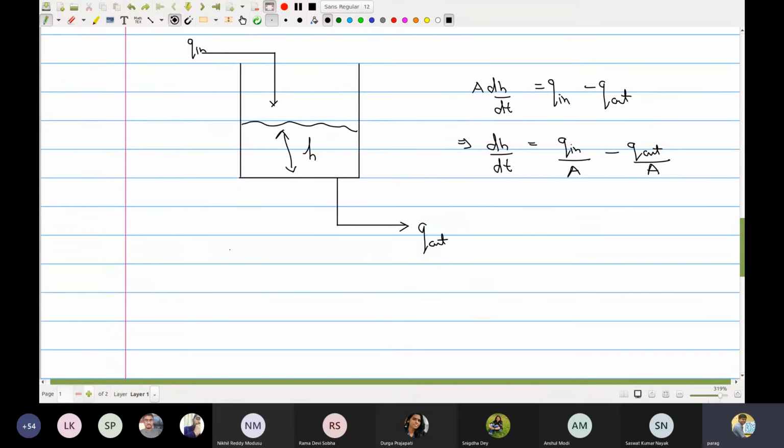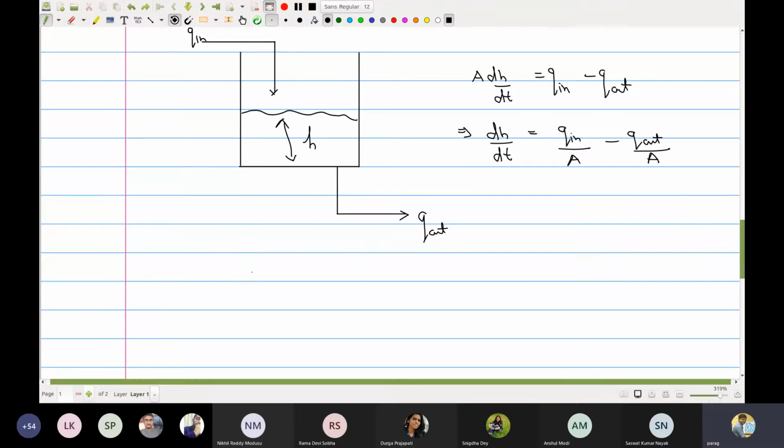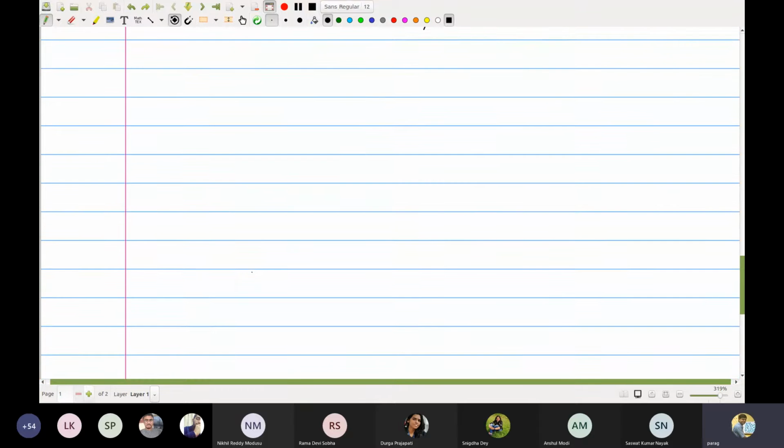So my dynamical variable is H, and since the effect of any disturbance on the system will be the effect on the height or liquid level in the tank, this is going to be your output variable.